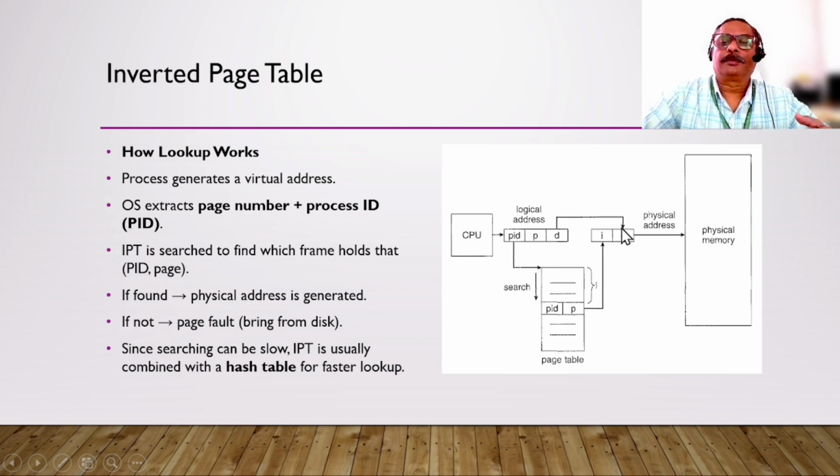So it just provides us the index, and that index along with the displacement will define the exact physical location in the main memory where we are trying to write or read. So that's about the inverted page table.